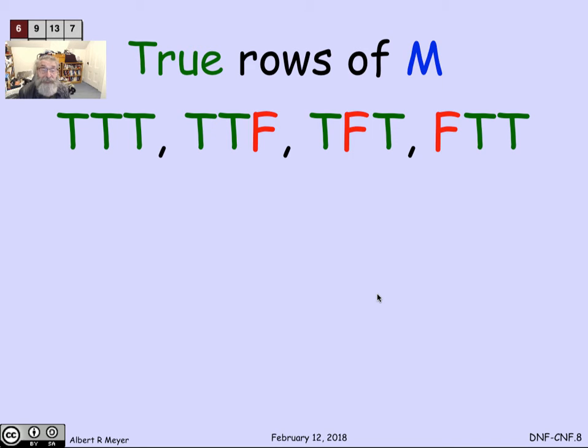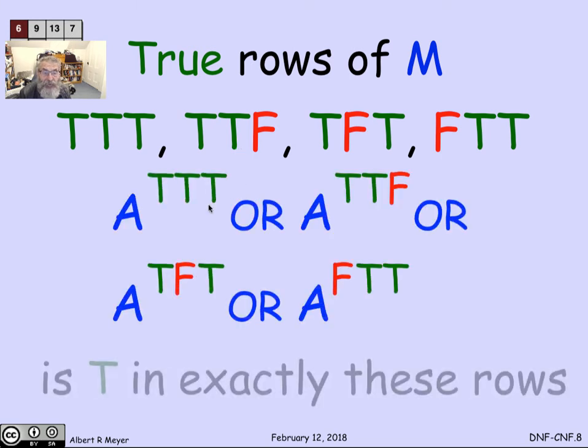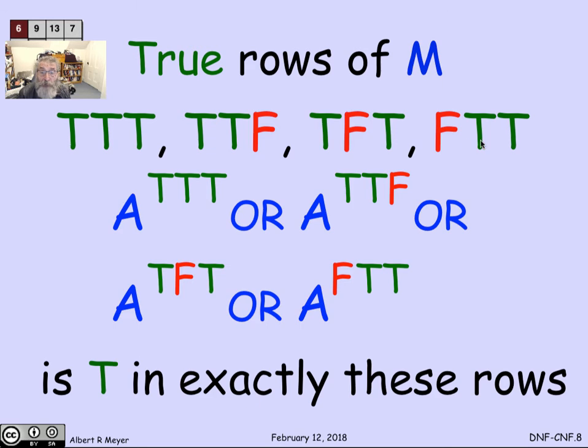So now it's easy to get this disjunctive normal form for M that I want, because M is true in 4 truth assignments, the ones where there are more T's than F's. These are the 4. And so if I take the AND of literals terms for each of those assignments that makes M true, namely A TTT and A TTF and A TFT and A FTT, and I OR them together, what I get is a formula that is going to be true in exactly these 4 rows.